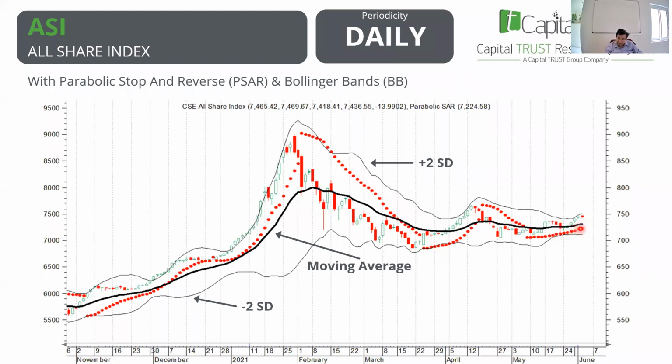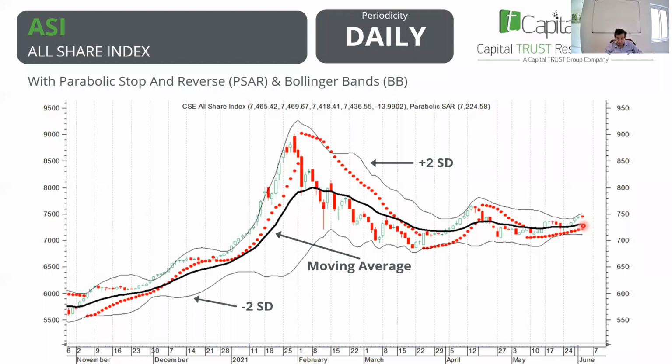And also, something to note is that it has edged up. So the long-term moving average is rising, a very bullish signal. So as far as the ASI is concerned, it happens to be true.